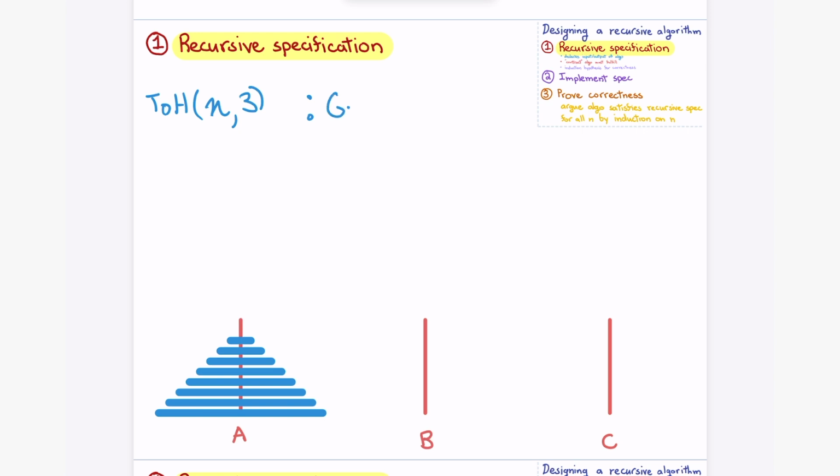Usually it's not too interesting. We're more or less stating the problem. Given n rings, I guess n, 3 poles, right? Because those are 2 parameters. What do you want the output to look like? All right, move all the rings from pole B. Move all.